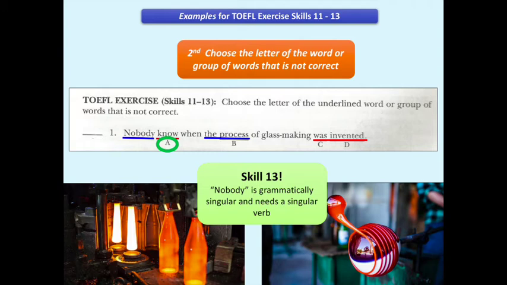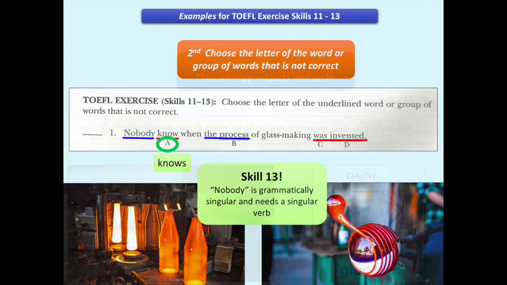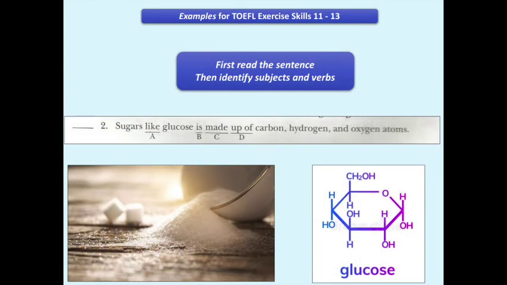So here, because we're in class, we'll say the correction is "knows," because this is a singular verb that matches nobody.